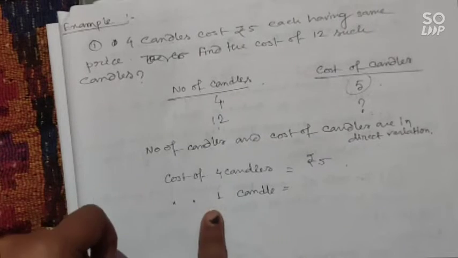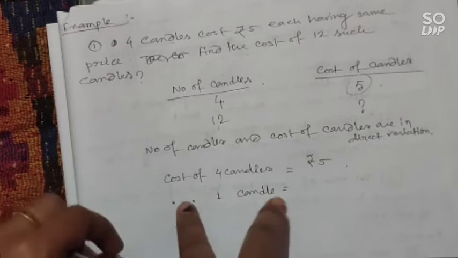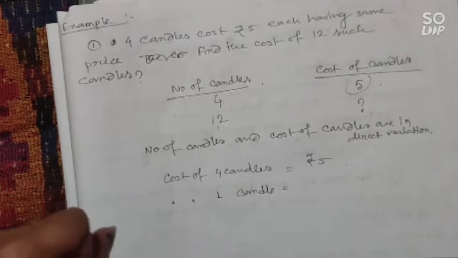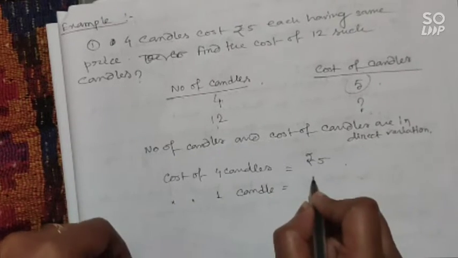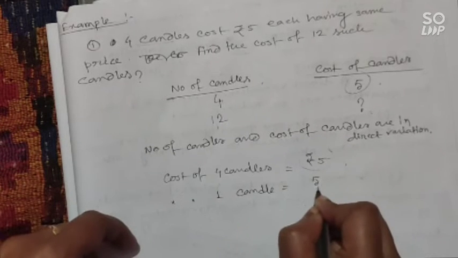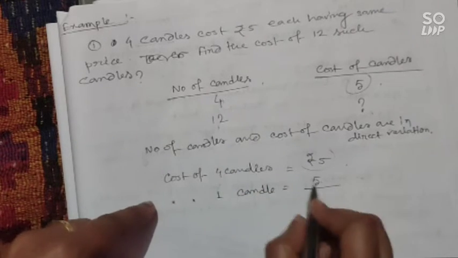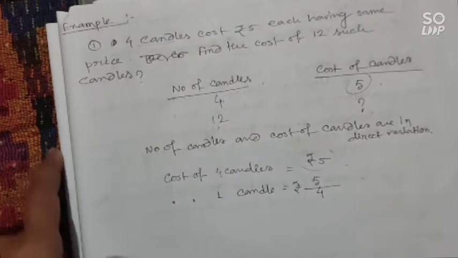So to find the one quantity, you have to do division. In this case you have to do division. So the cost of 1 candle will be the cost of the given number of quantity divided by the given number of quantity. The given number is 4. So this much rupees.